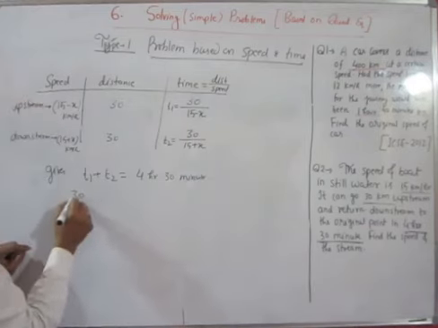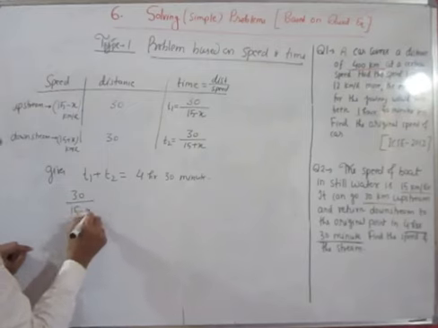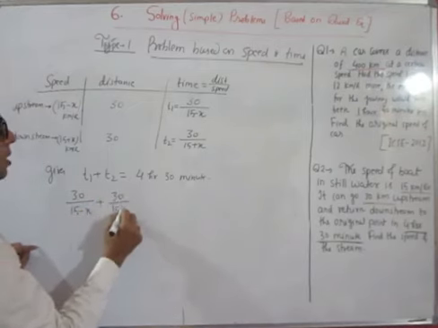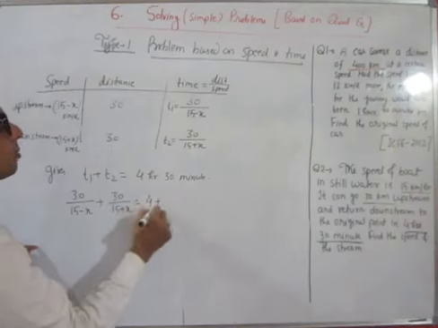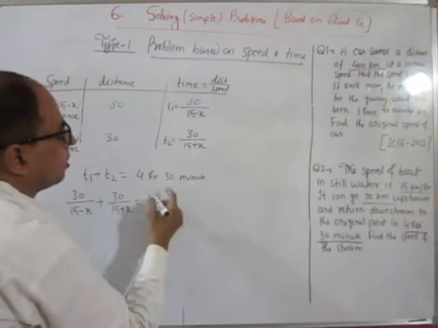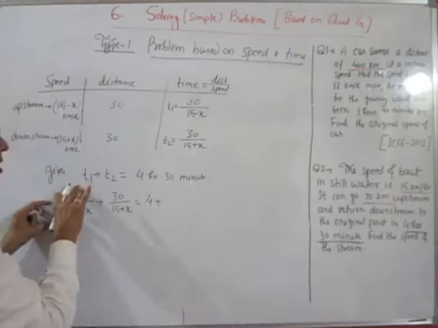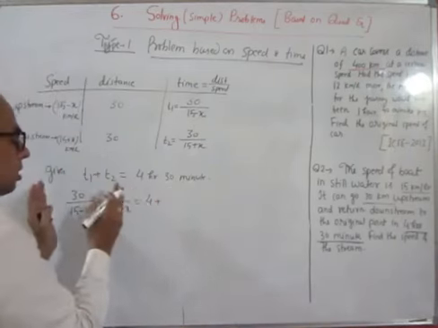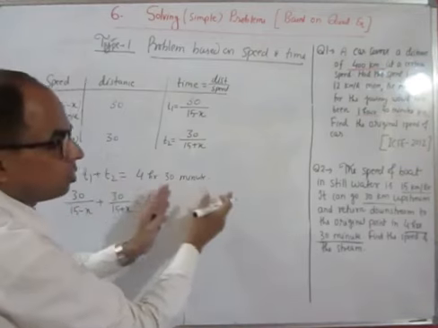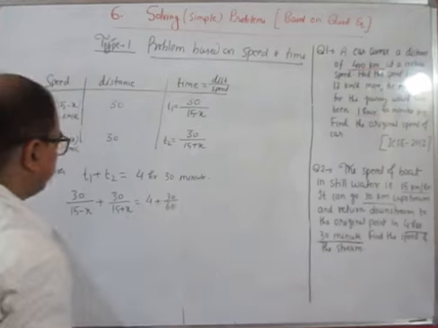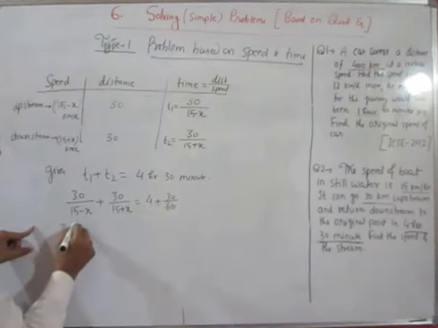So 30 by 15 minus x plus 30 by 15 plus x is equal to 4 hours plus 30 minutes. Convert 30 minutes into hours because this time is in hours. The left side unit is hours, so the right side must also be hours. So 30 by 60.